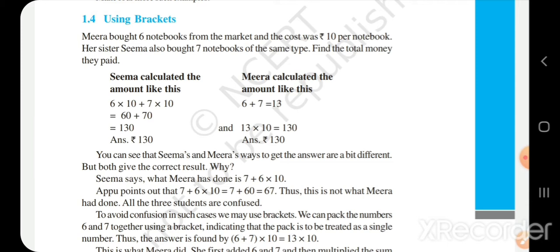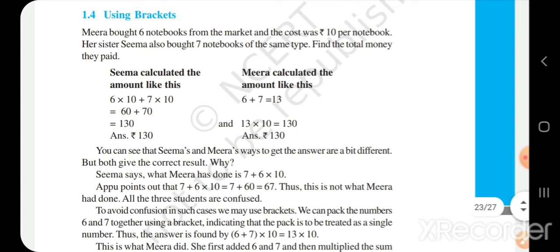And Meera calculated the amount like this. So 6 notebooks plus 7 notebooks. 6 notebooks bought by Meera and 7 notebooks bought by Seema. So total notebooks are 13, and then she multiplied 13 with the cost of one notebook.